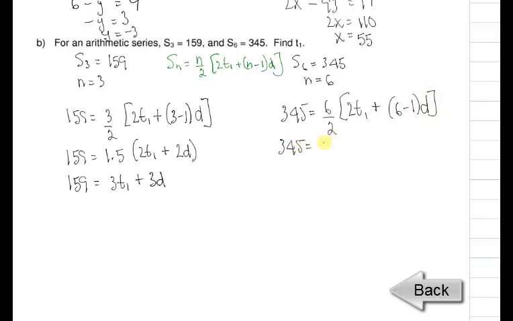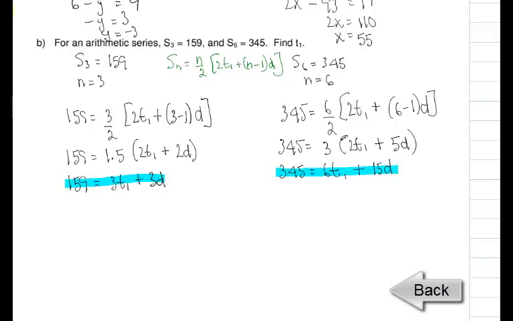Simplify what I can. 6 divided by 2 is 3. 6 minus 1 is 5. And distribute the 3. And that gives me 6t1 plus 15d.